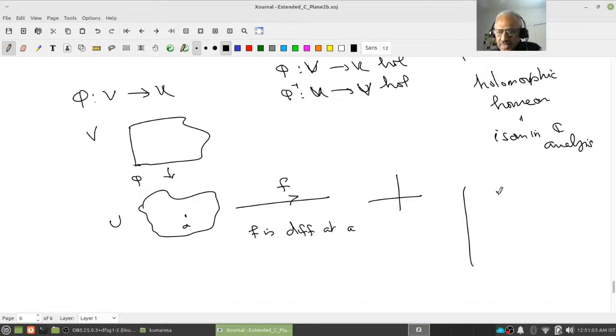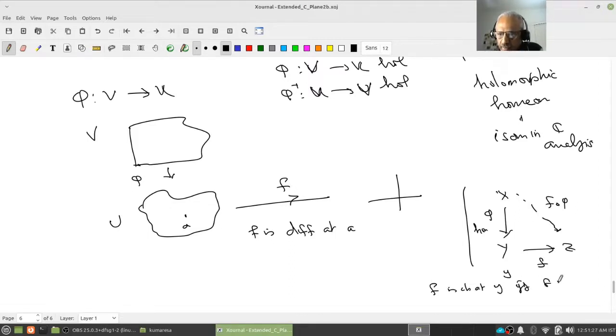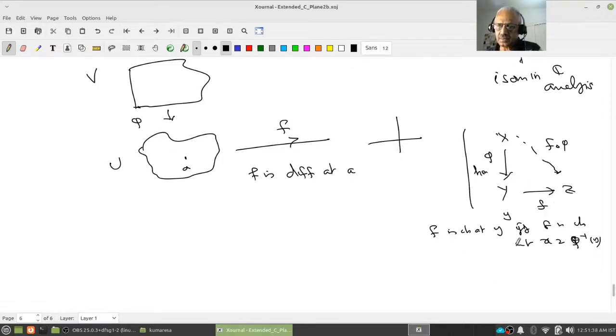We had X to Y to Z and f, and continuity of f at y is the same as, let us call this phi a homeomorphism, the composite f composite phi. So f is continuous at y if and only if f composite phi is continuous at x, that is at phi inverse of y.